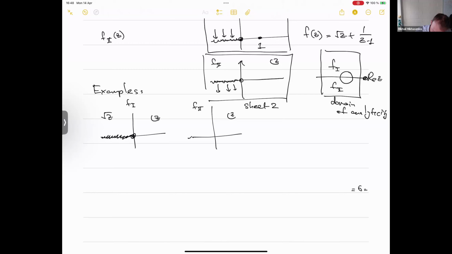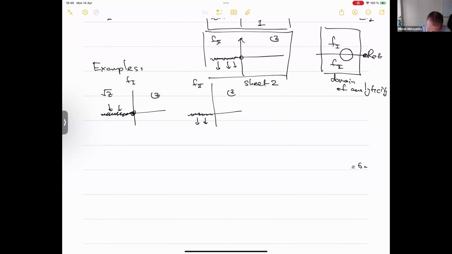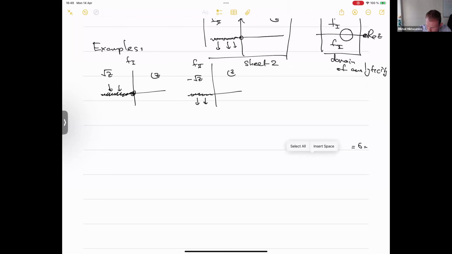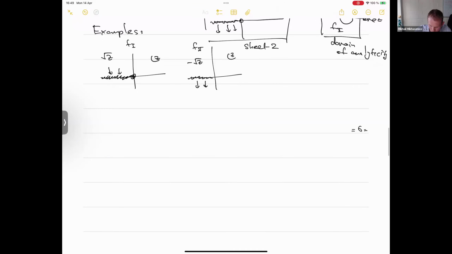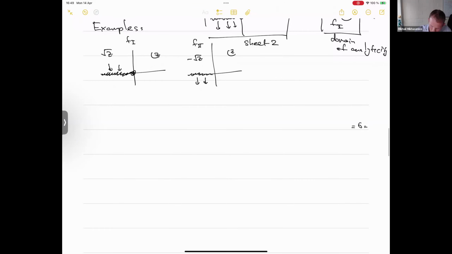We want a function that analytically continues the original one from the top of the cut, and in fact, f2 in that case is just minus the square root of z. One can convince themselves of this by plotting and seeing that the transition is smooth from the first sheet to the second sheet.